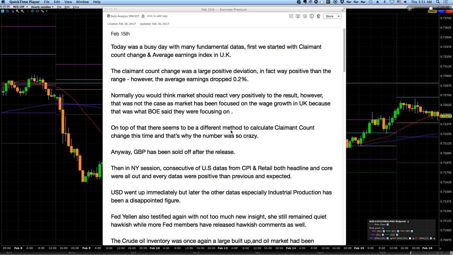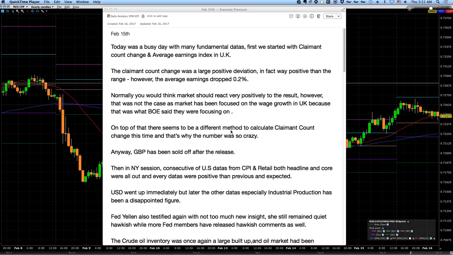And that also depends on what the central bank is leaning toward. For example, later in the New York session we had consecutive inflation data and retail data, and everything was once again very solid for the US dollar.